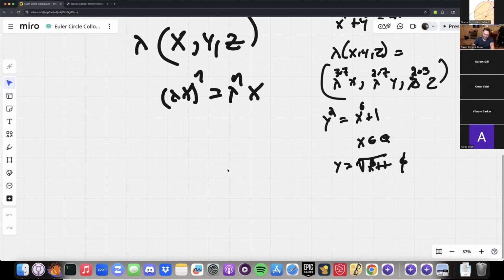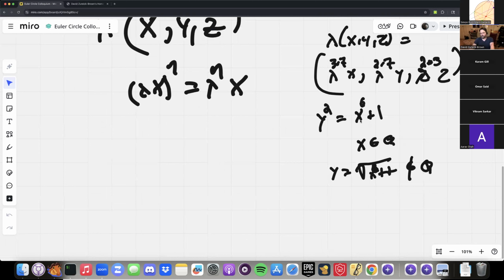This is not a rational number, but it is defined over some quadratic field. So as I vary x over rational numbers, I get lots of solutions to this equation over quadratics. The quadratic changes as x changes, but there are infinitely many quadratic solutions.